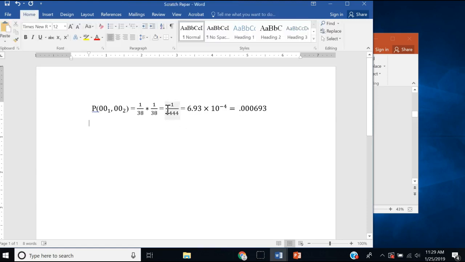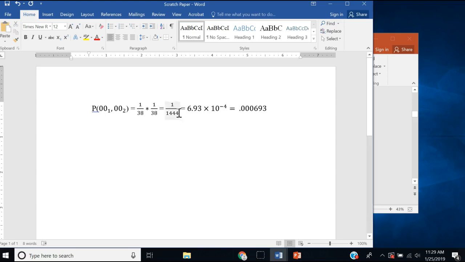For purposes of the test, you can leave it as a fraction. If scientific notation comes up on Moodle, I'd probably ask you just to put it in scientific notation. In this section it does not, but if it did, I'd just have you put it in scientific notation. You don't have to write the decimal or anything like that.